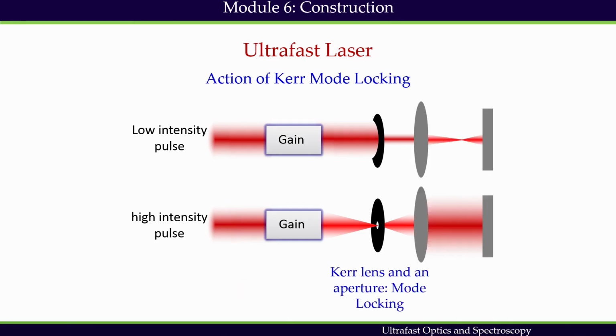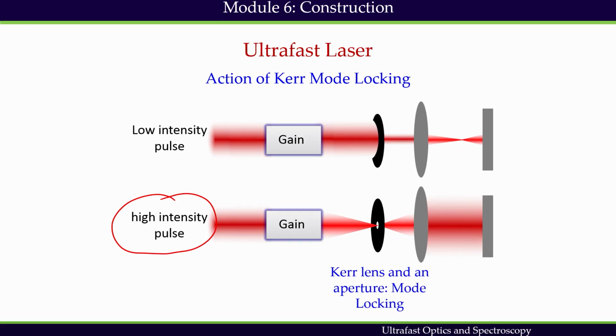Now, the Kerr effect becomes prominent for modes which are in phase due to the resultant high intensity. If I have in-phase frequency components, they will produce higher intensity, and that can be focused due to the optical Kerr effect.